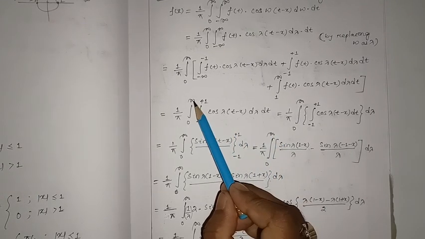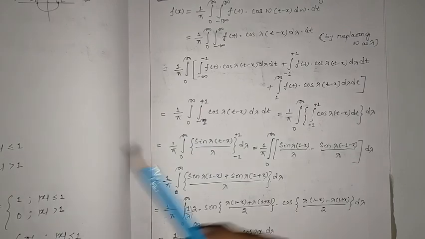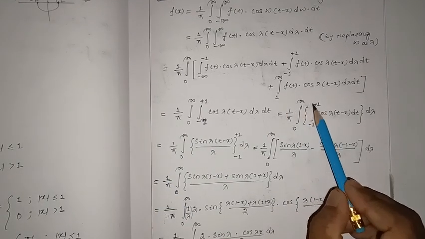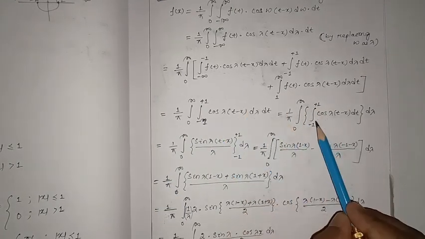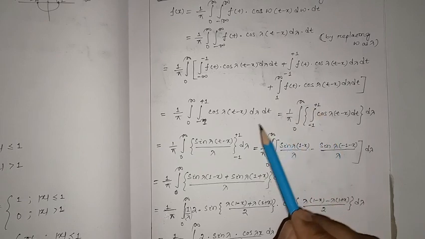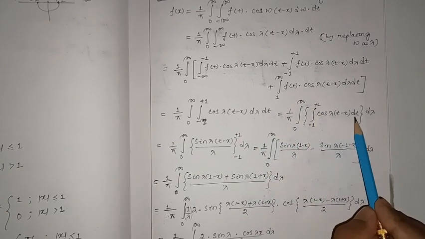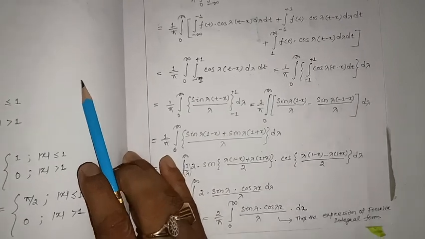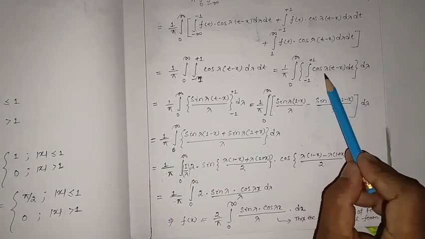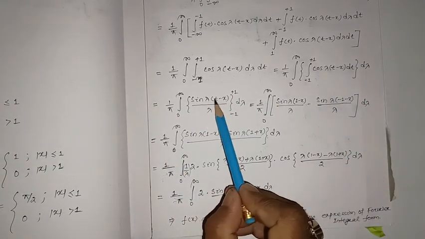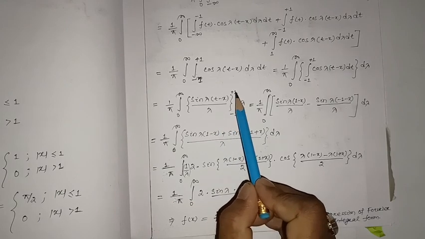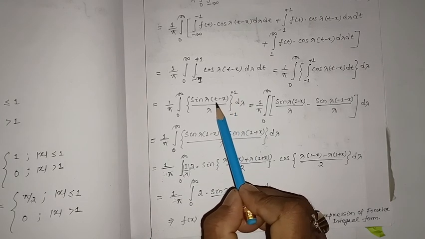Already the 0 to infinity integration is there, and 1 by pi is there. So 1 by pi, 0 to infinity, minus 1 to plus 1, integration with respect to dt and into d lambda. Integration of cos lambda t minus x will be sine lambda t minus x by lambda, from minus 1 to plus 1. We have to put the limits instead of t.